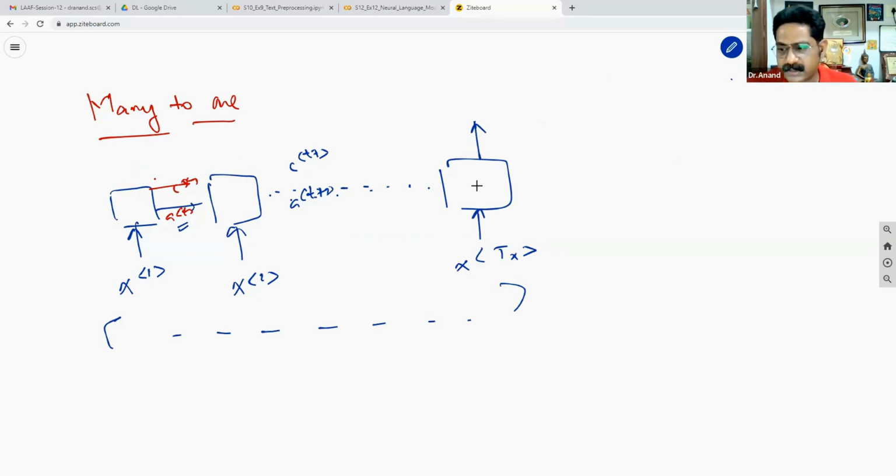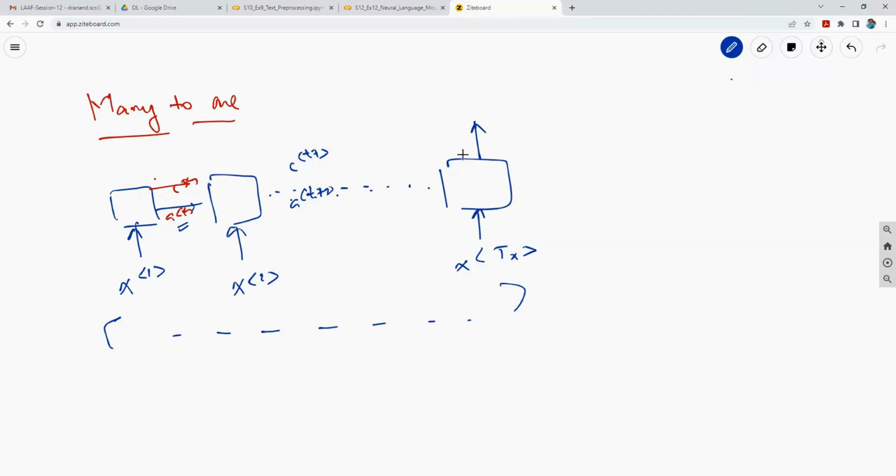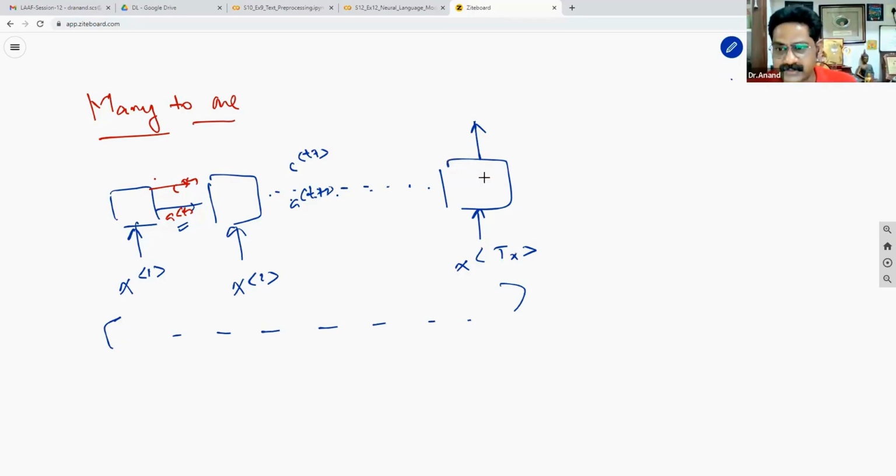Many-to-one design. Content categorization, maybe into categories, like political news or sports news. But strictly speaking, order is least important there. Still, we were able to manage even with a feed-forward model, right? But having said that, you can use a many-to-one model.